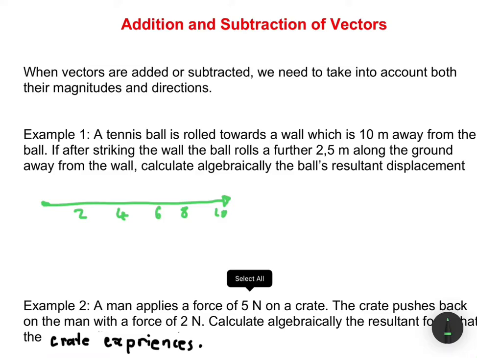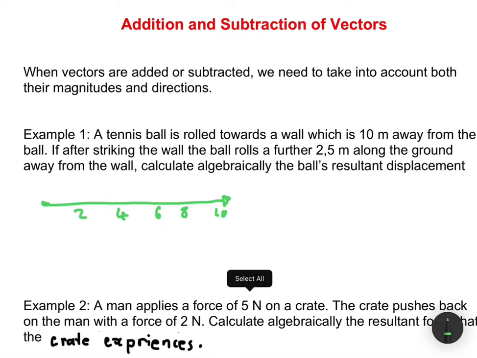So we have rolled 10 meters from the ball towards the wall. And then after striking the wall, the ball is obviously going to go back where it's coming from. It is said that it rolls a further 2.5 meters along the ground away from the wall.